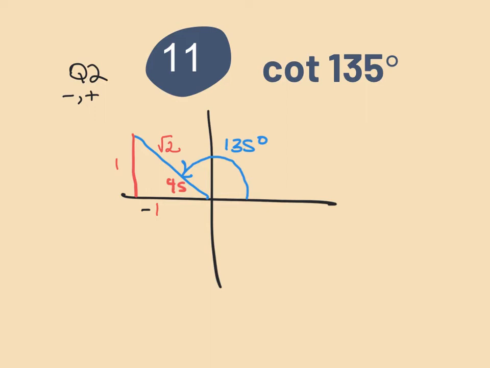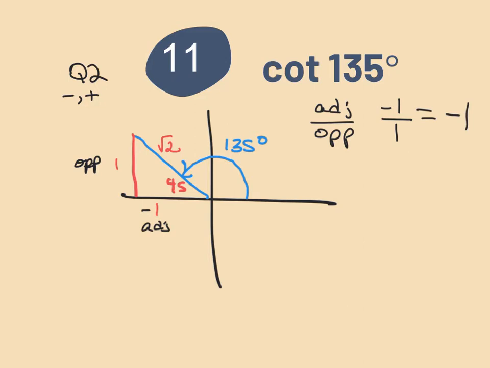Tangent would normally be TOA, so cotangent is going to be adjacent over opposite. So my adjacent is negative 1, and my opposite is positive 1. This one's the adjacent, it's next to the 45, and that's the opposite. This simplifies to negative 1.